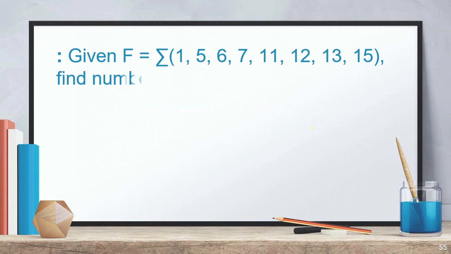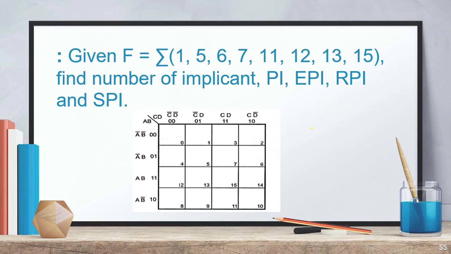We can see some examples of K-maps and how many prime implicants, essential prime implicants, redundant prime implicants and selective prime implicants are present in these examples. First example: 1, 5, 6, 7, 11, 12, 13, 15. In this example, how many prime implicants do we have?